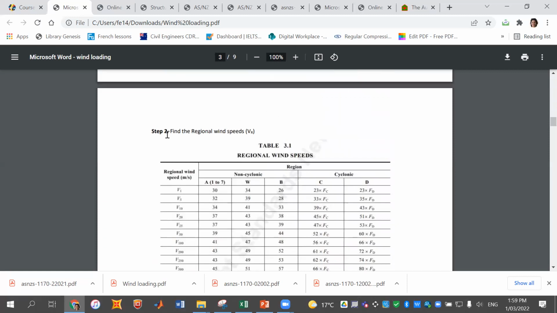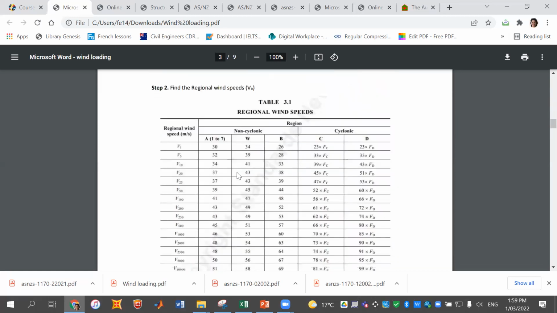If you scroll down, you will see step two, find the regional wind speed V_R. It is based on the return period, and it depends on the design that you have. For example, if it is a very important building, you may go for designing the building for the wind load that happens every 1,000 years.